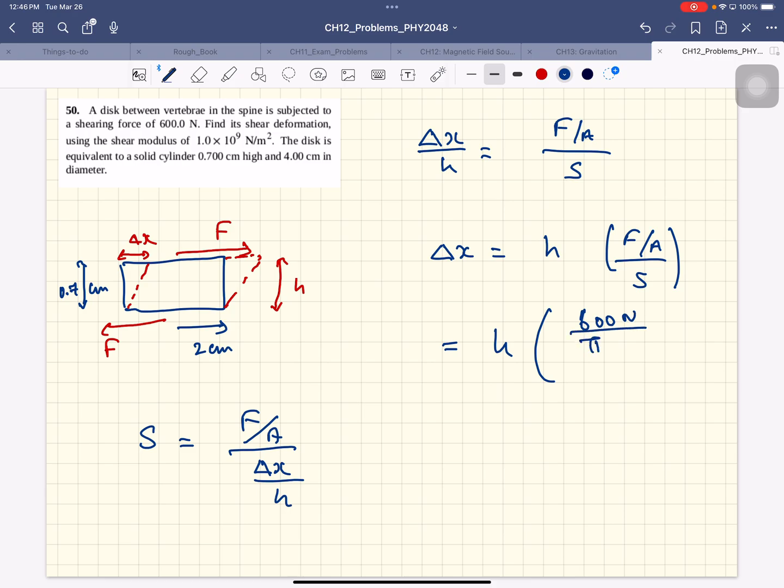The area is circular, so from the top, here's how it looks, and R is the radius. Pi r squared, R is 2 centimeters, and we've got to convert that to meters, and divided by the shear modulus, which is 10 to the 9 newtons per meter squared.